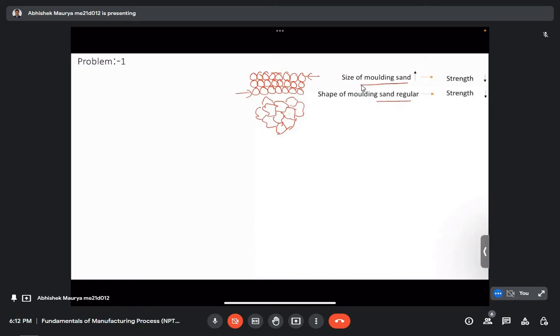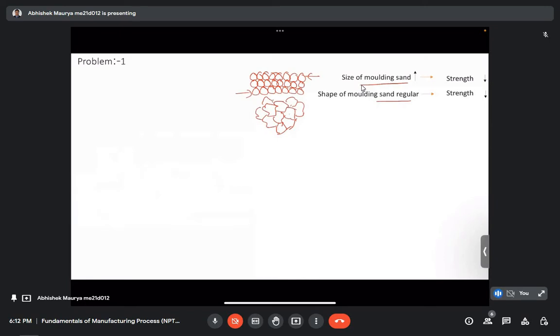For that, larger force is required. Therefore, if shape of molding sand is irregular, then strength will be higher, or vice versa. If shape is regular, the strength will be lower.